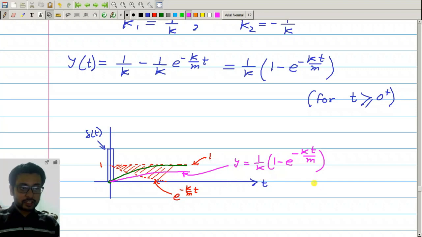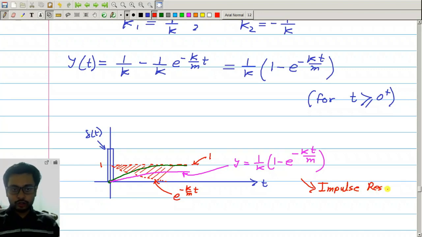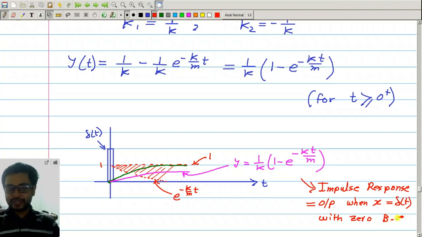This is also by definition the impulse response of our float or this system, because this is nothing but the output when the input is delta t with 0 initial conditions or 0 boundary conditions, initially relaxed conditions.